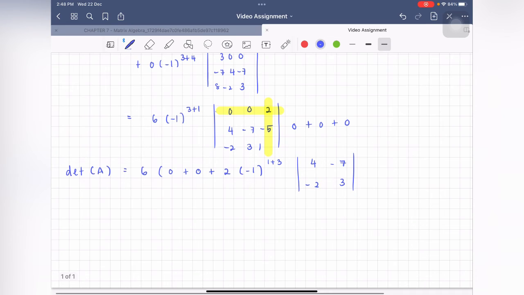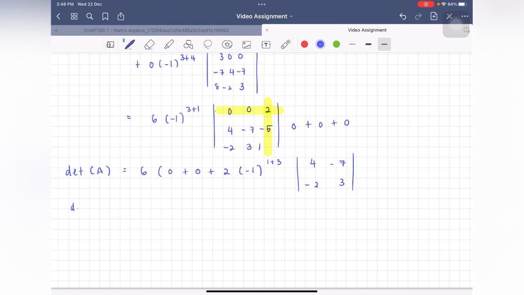So we are left with a 2 by 2 determinant, where the elements are 4, negative 7 and negative 2, 3. So to simplify, we are going to have 6 times 0, 0. And here we have negative 1 to the 4th, that's positive 1. So 2 times positive 1 is 2.